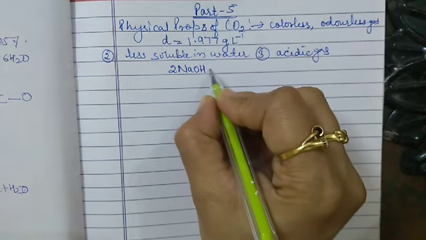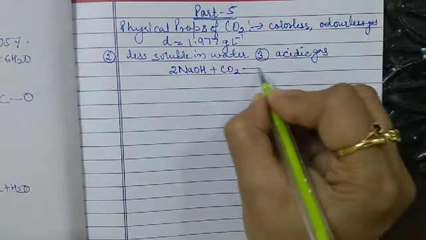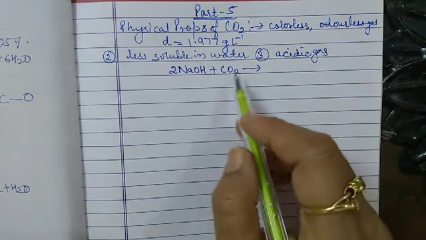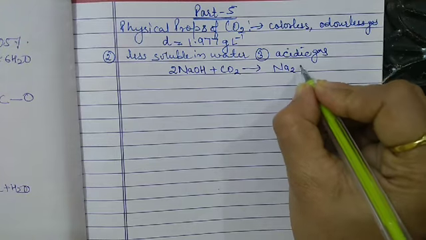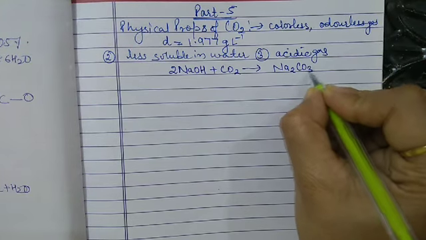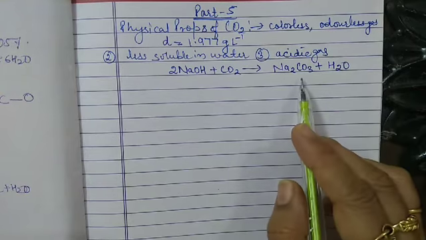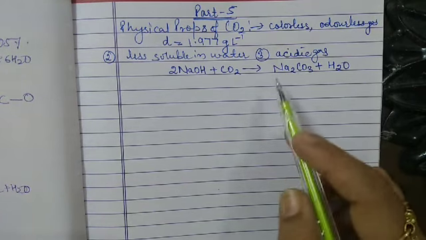When NaOH is treated with carbon dioxide, it forms a metal salt, sodium carbonate, and the formula for sodium carbonate is Na2CO3 with water. This one is the sodium carbonate.